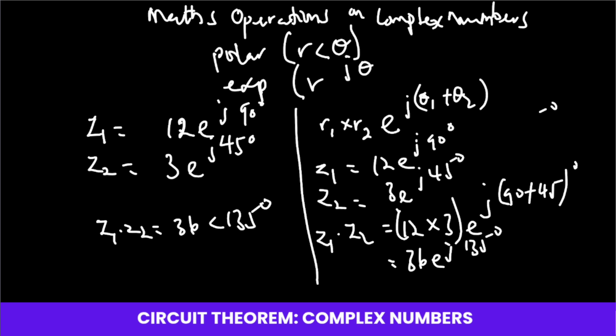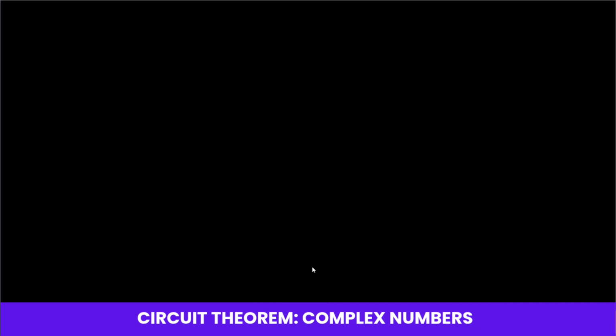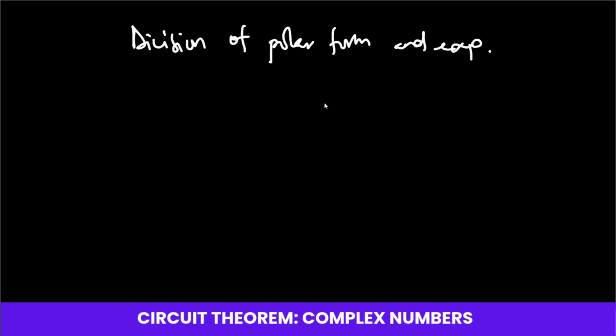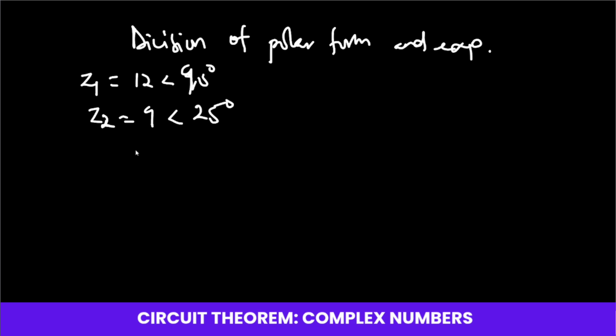Now we would like to talk about the division of the polar form and the exponential form. Okay, given z1 to be 12 angle 90 degrees and z2 being 9 angle, say, 25 degrees, and you are asked to find the quotient or divide z1 by z2.